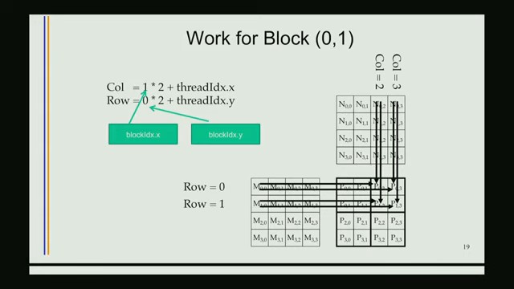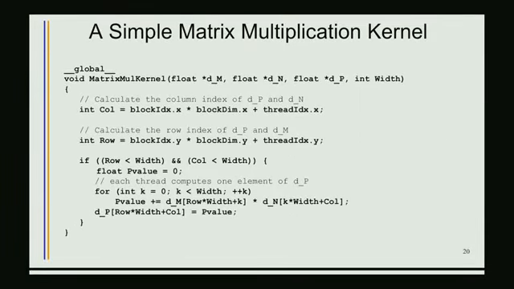Okay. So moving on here, what that means for us is once I calculate the row and the column, it's super simple. Because what I'm doing is now just going through and doing that inner loop. Where that inner loop is essentially the k loop, right? So it's k, 0 to width.